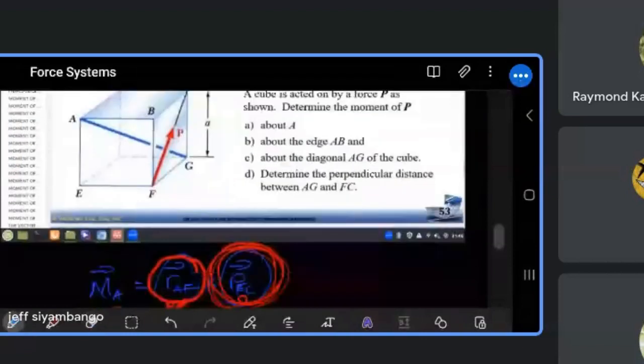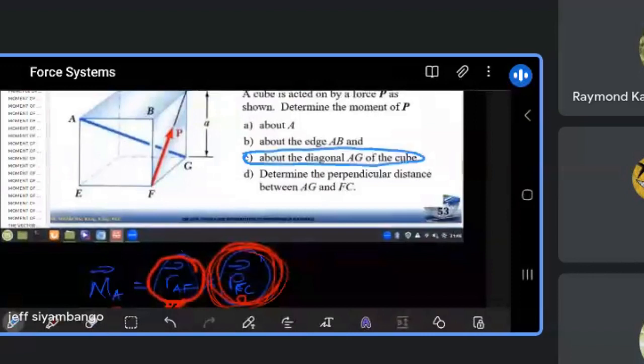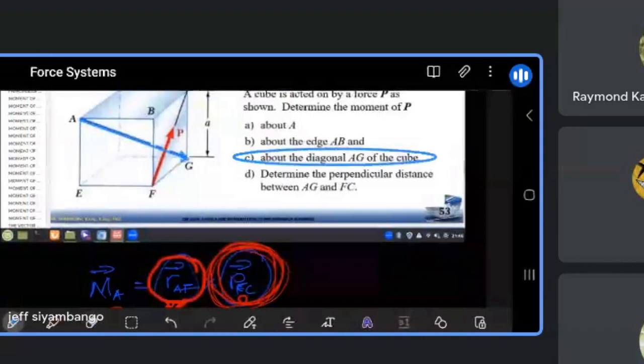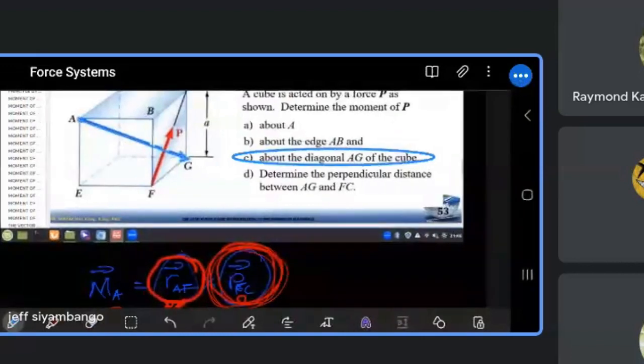The next question here, AG. If you look at this question, now they're saying about a diagonal AG, meaning from A to G all the way up to this point. Notice that in this case again, this axis starts from A, meaning we can still use the moment about the point A in the first part.